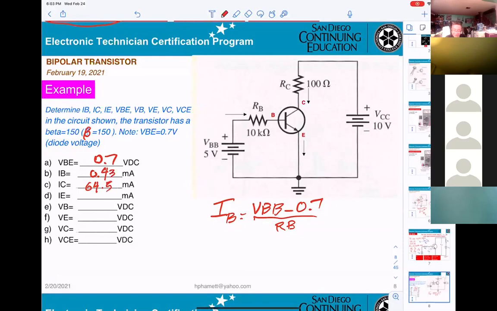IE, beta plus 1 times IB, 64.93. Again, make sure you record this formula. IE equals 1 plus beta times IB.